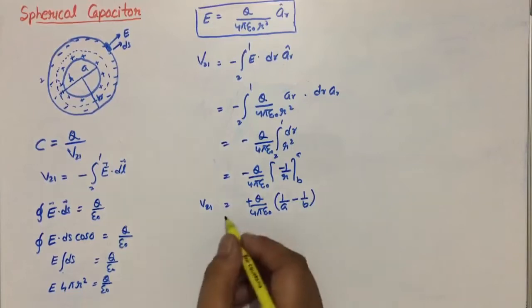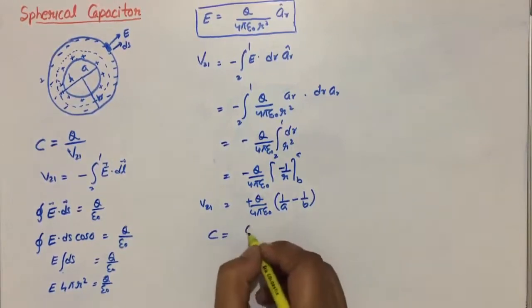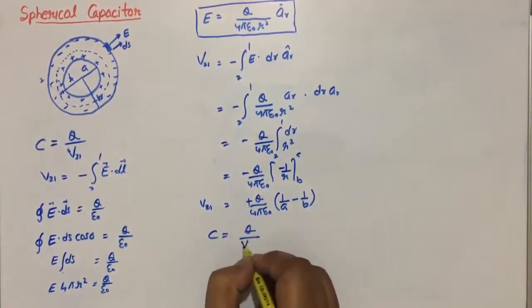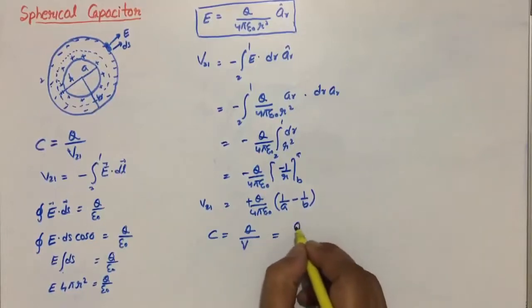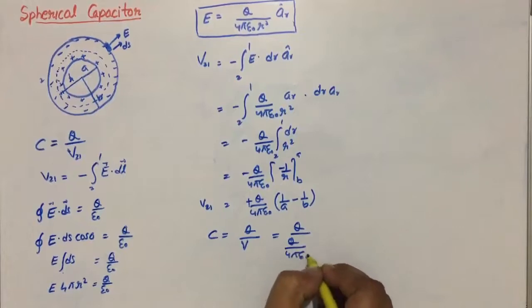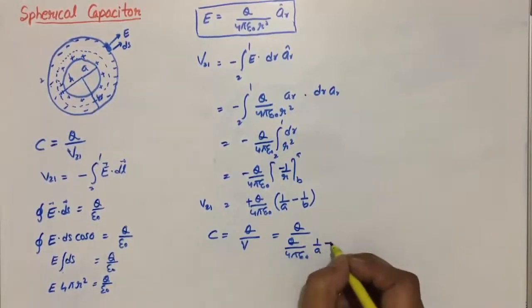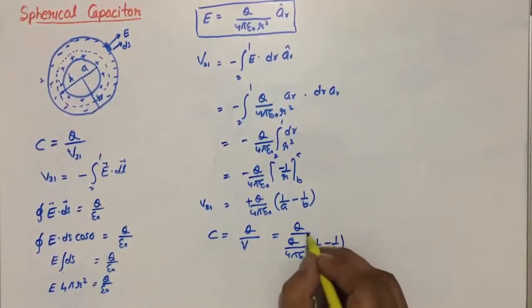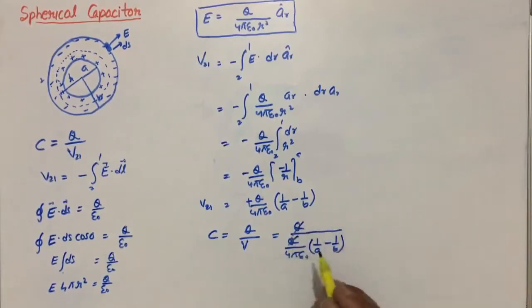Okay. Now if we wish to find the C, then we can say Q by V, and that will be Q by q by 4 pi epsilon naught times 1 by a minus 1 by b. Q will be cancelled out and 4 pi epsilon naught will be at the top.